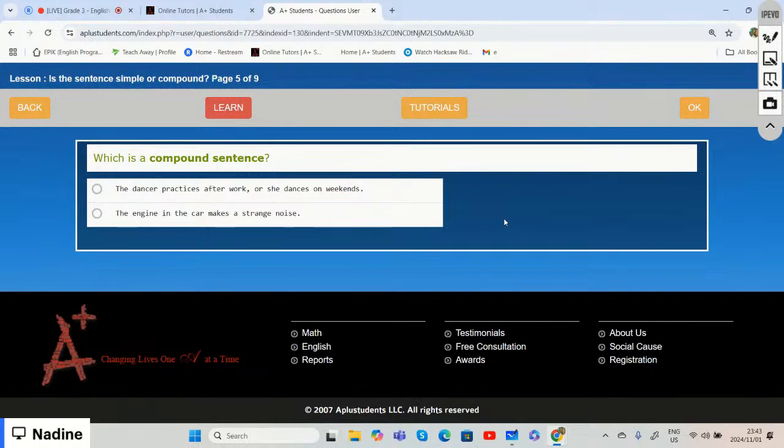Option one says, the dancer practices after work or she dances on weekends. Then option two says, the engine in the car makes a strange noise.